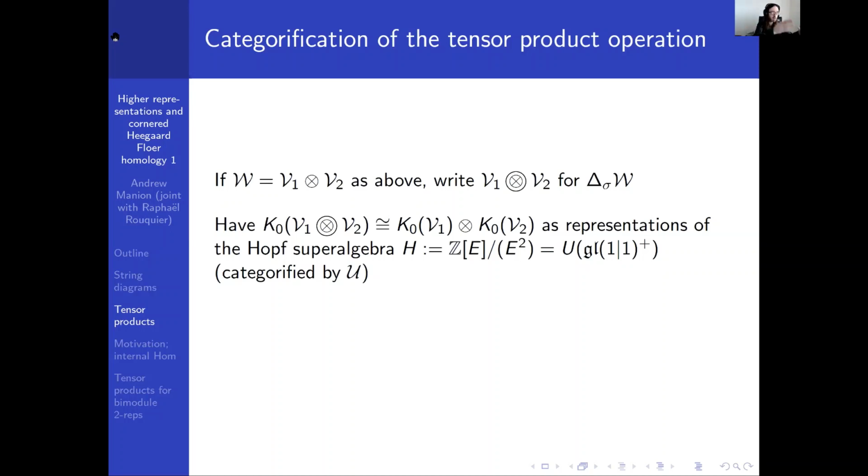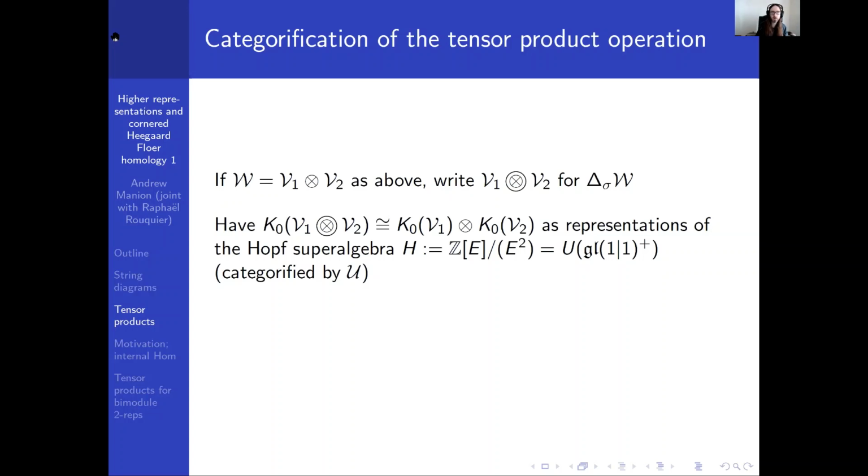And similarly, we just defined an operation to do the same thing for two representations, and we're saying the one that we just defined categorifies the Hopf algebraic one. Now you should really say U_q in here, and you should really talk about gradings and all of that sort of stuff. That's where we have work in progress.